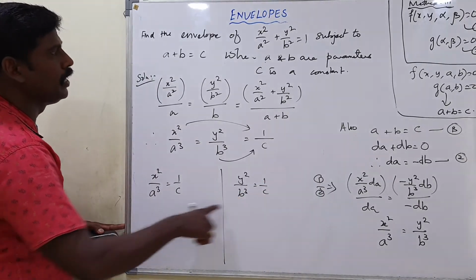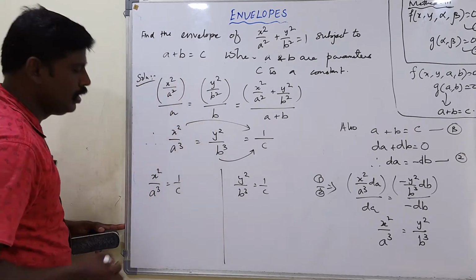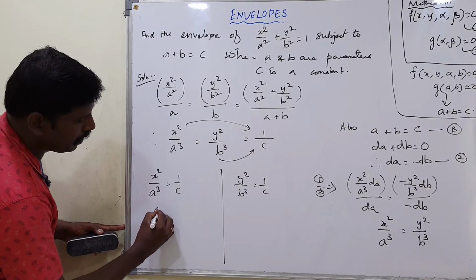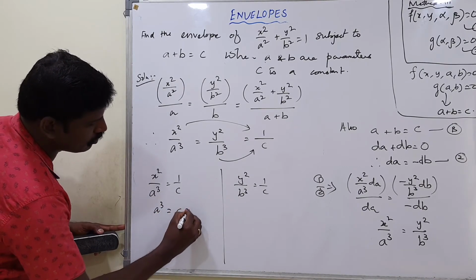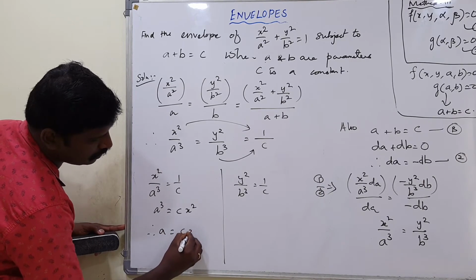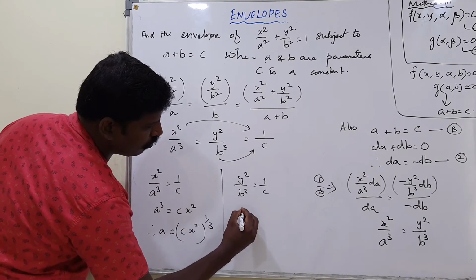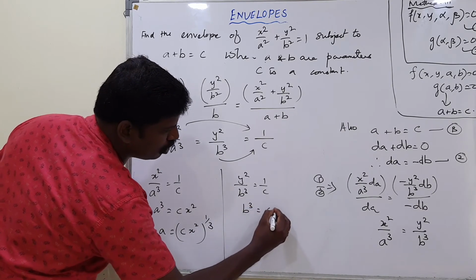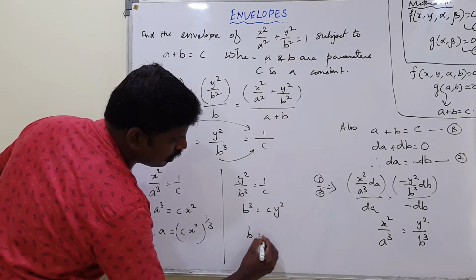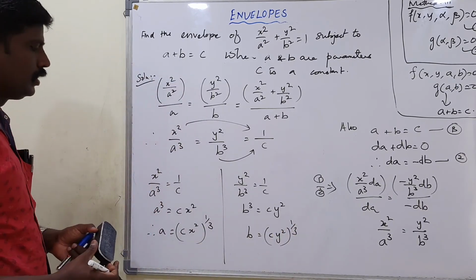Now I am going to equate the first two ratios with the third one. So x²/a³ equals 1 by c, same like that, y²/b³ is also 1 by c. From that I am going to find the values of a and b, because a + b is the given condition. By cross multiplication, a³ = c x², therefore a = (c x²)^(1/3). Similarly b³ = c y², therefore b = (c y²)^(1/3).